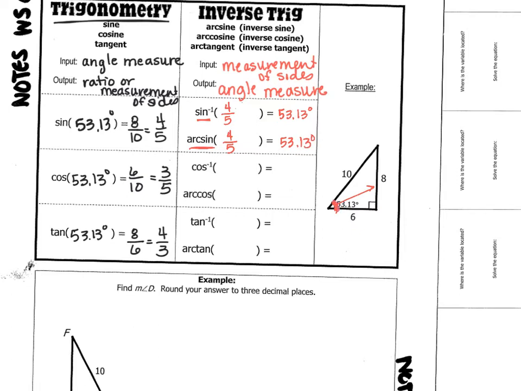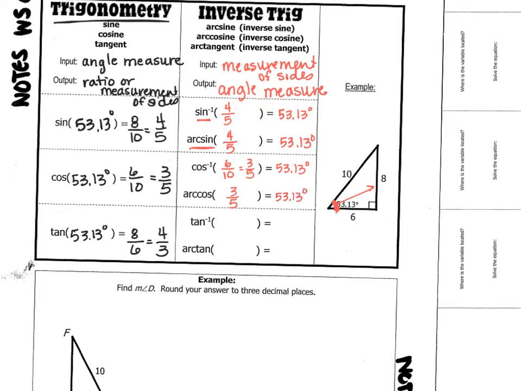In relation to that angle, cosine would be adjacent over hypotenuse, which is 6/10, which really reduces to 3/5. If I do the inverse cosine of 3/5, I'm going to get that 53.13 degrees. Likewise, arc cosine is just a different way of writing that. Arc cosine of 3/5 is going to be 53.13 degrees.